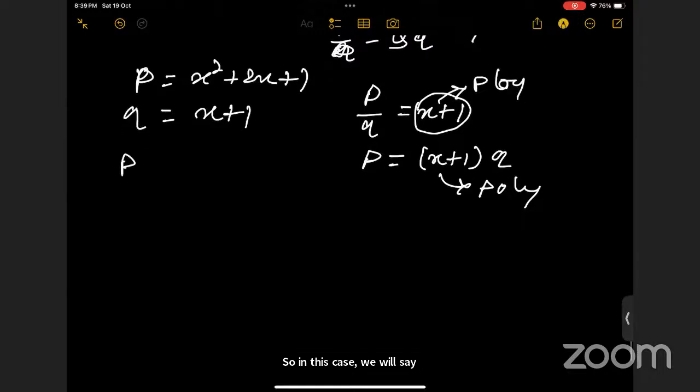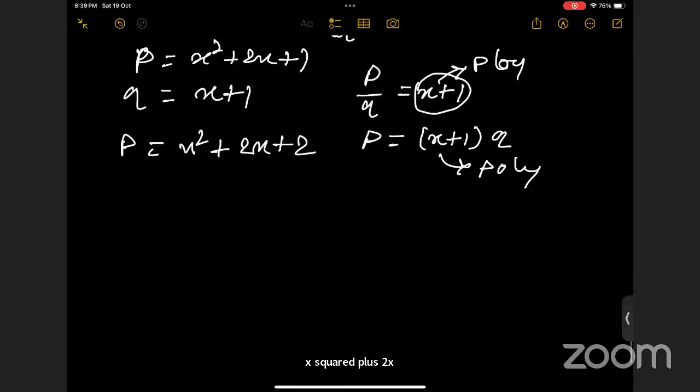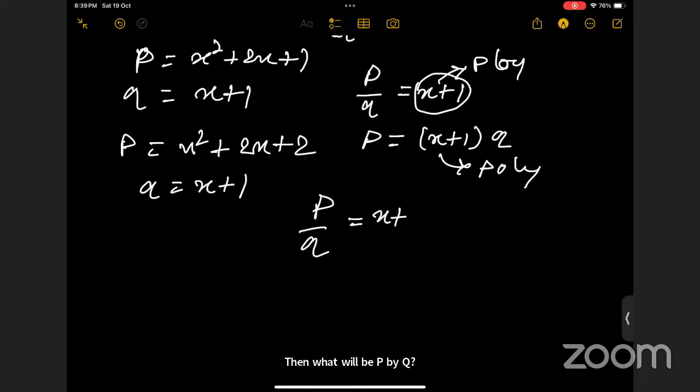But suppose we have P equals x square plus 2x plus 2, and Q is the same as earlier. Then what will be P by Q? X plus 1 plus 1 by Q, right?